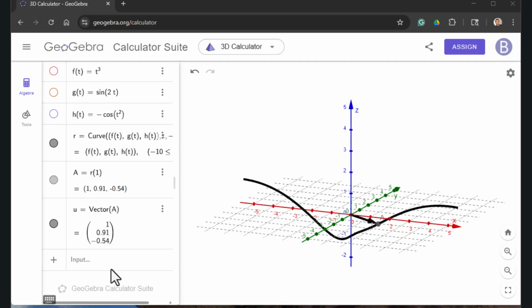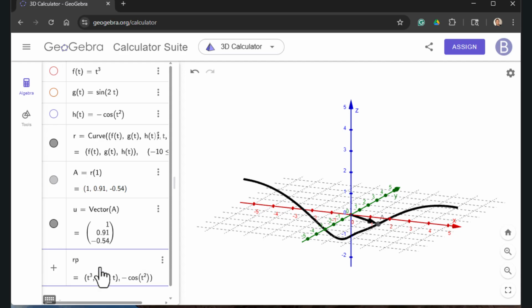I could take the derivatives I have on paper to come up with my derivative of the vector valued function as its own curve. I maybe want to call that r prime, rp of t. I want to say that is equal to the derivatives I actually computed. So that is 3t squared.